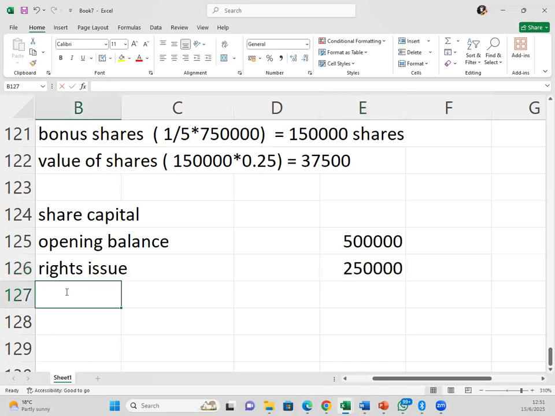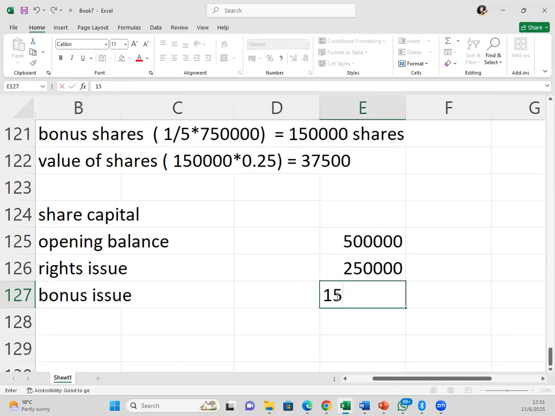Then we made a bonus issue. Through the bonus issue, we increased our shares by 150,000. So overall, how many shares do we now have?